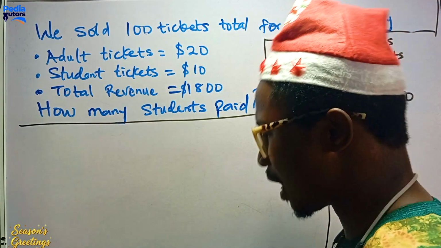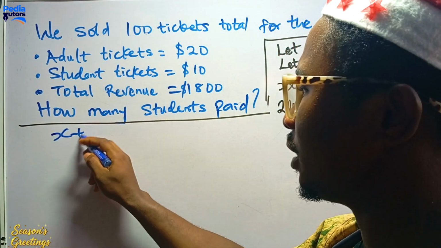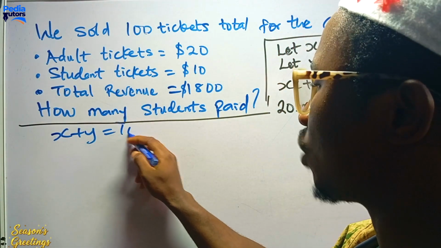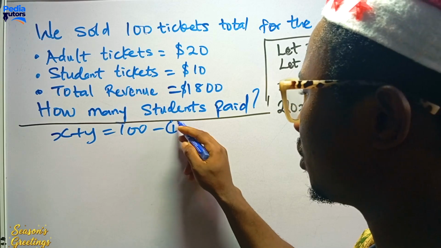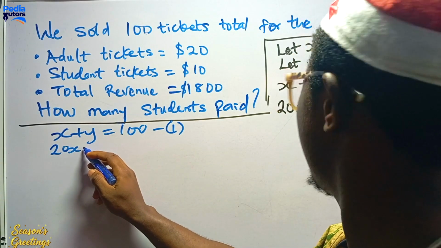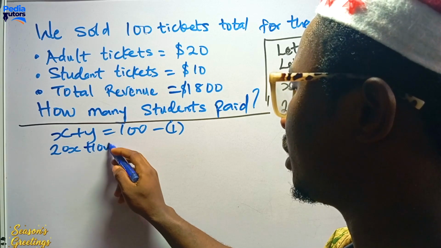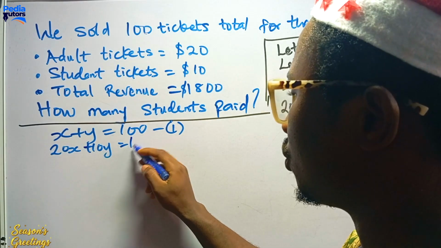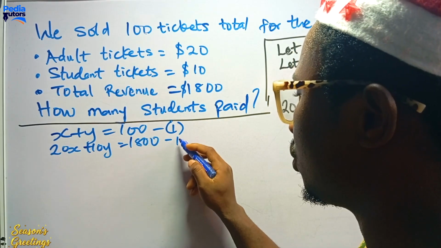So we have x plus y equal to 100 as equation 1, and 20x plus 10y equal to 1,800 as equation 2.